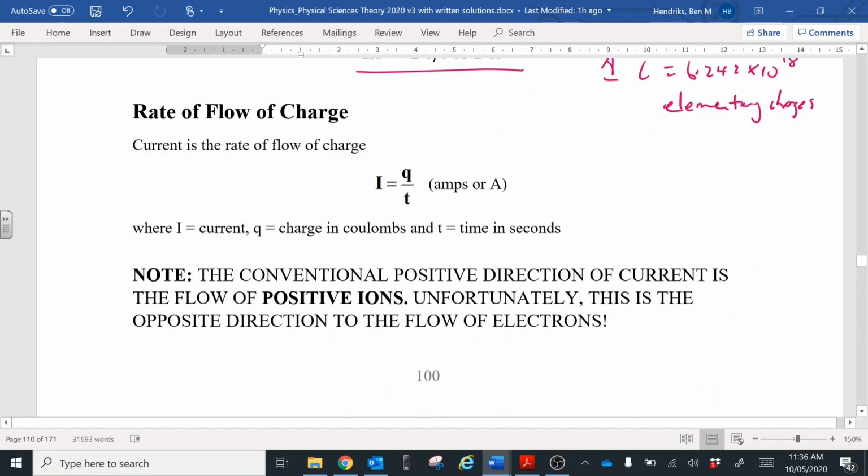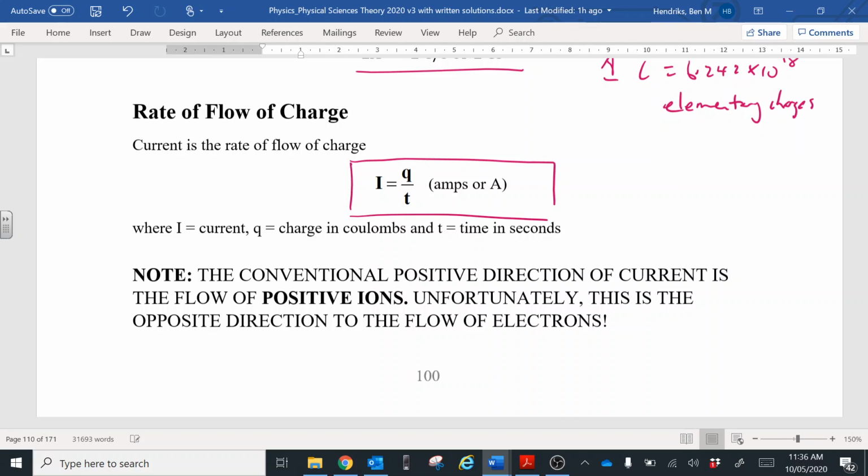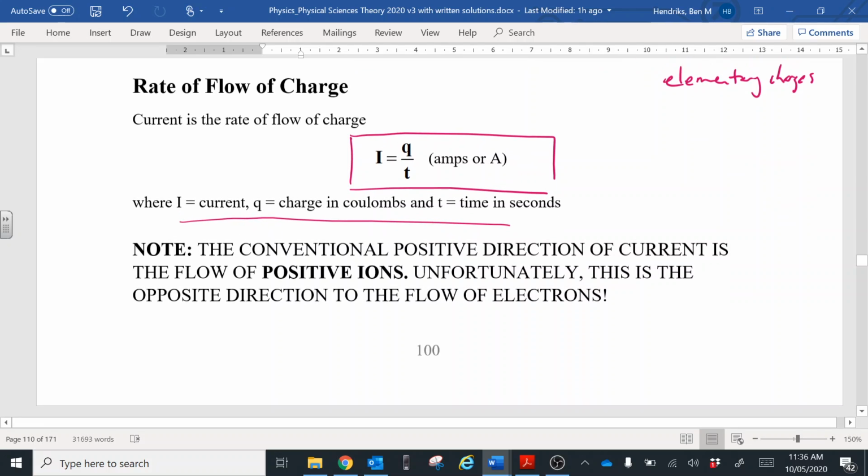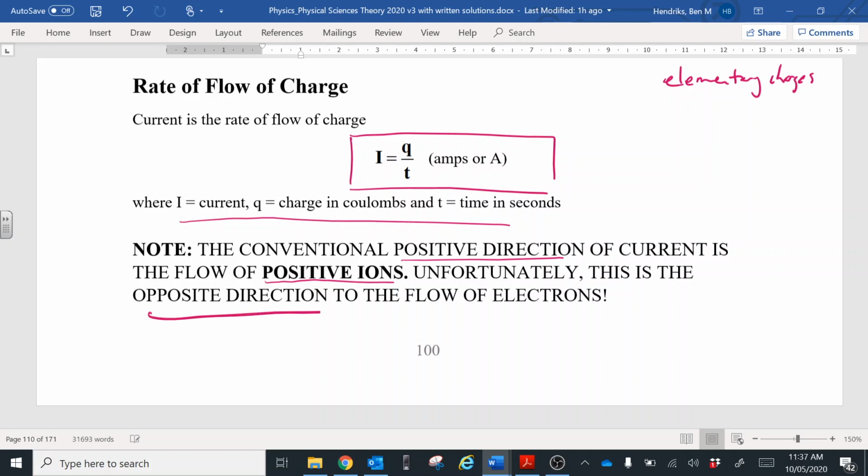So we can calculate the rate of flow of charge using this equation here. The current is equal to Q, the charge, over time, I = Q/t, and this is in your formula sheets. Now, the conventional positive direction of current is the flow of positive ions. Unfortunately, this is the opposite direction to the flow of electrons.